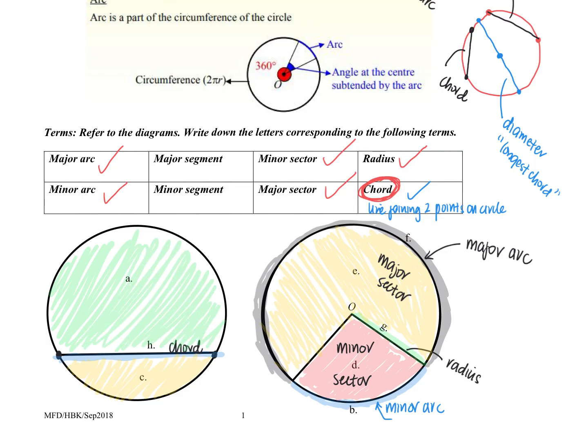So the green part is the major one. Major segment, not sector. This is minor. So know the difference between all the terms: what's an arc, what's a sector, what's a segment. Once you know them, the calculation will come through easier.